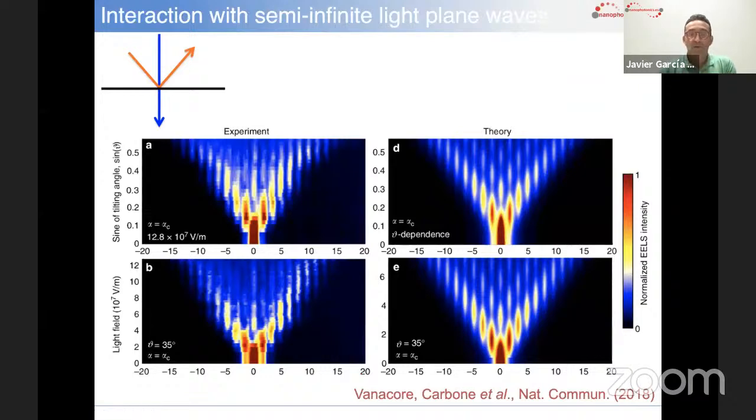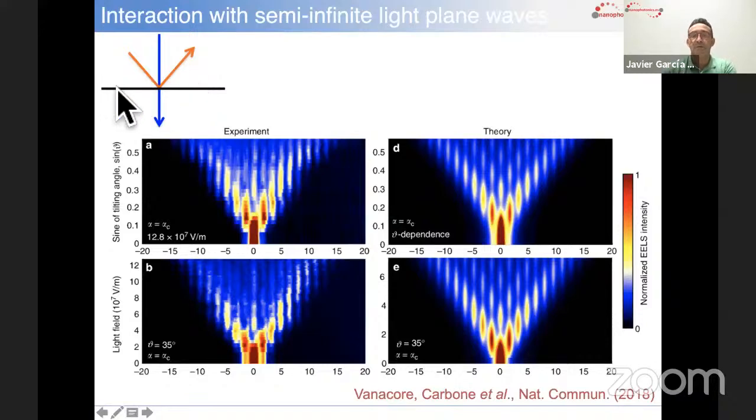So this PINEM interaction is basically telling you that light can be coupled to electrons, and electrons can absorb or emit photons by coupling to the near field under external illumination.